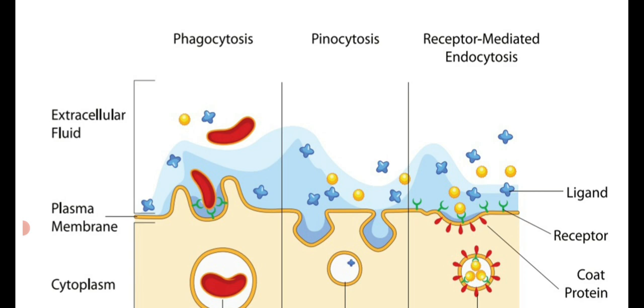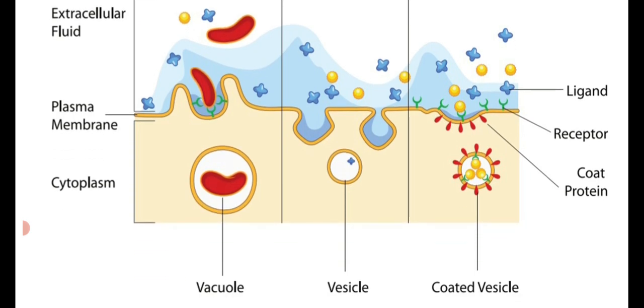The shapes also vary. So these molecules and ions are rounded up by the cell membrane, and then they enter the inner side of the cell, which is known as endocytosis.